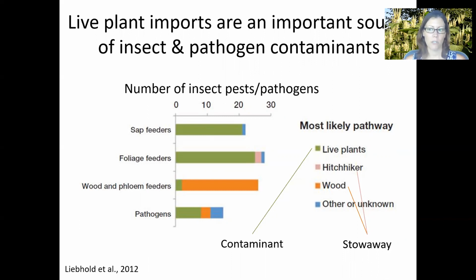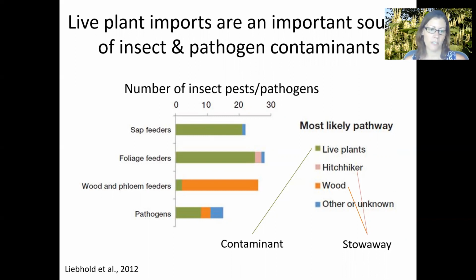The same is totally true of the live plant introduction pathway. Lots of contaminants, and so all the green on here are the live plant pathways: sap feeders, foliage feeders, and pathogens, very commonly introduced that way.